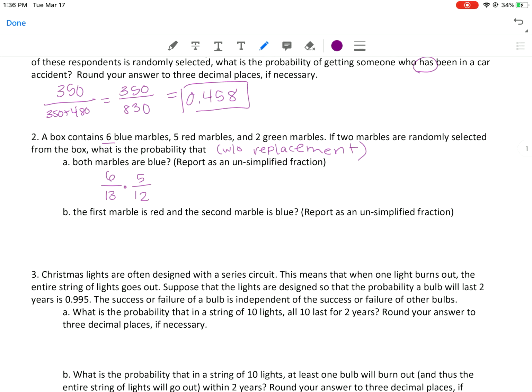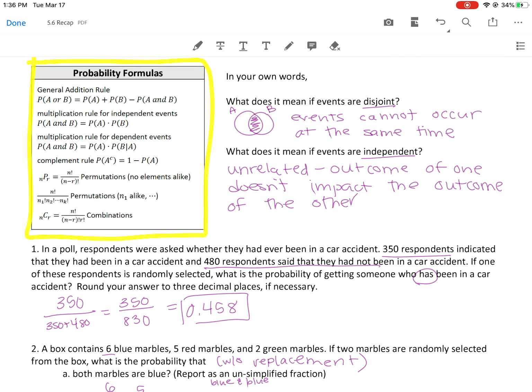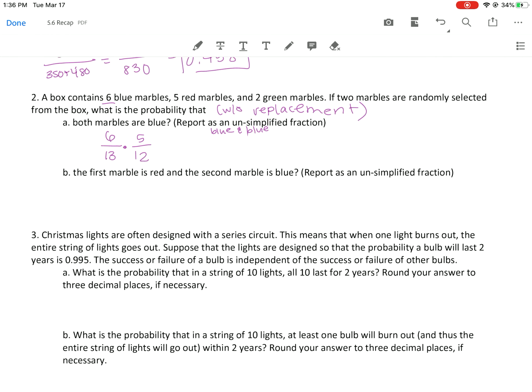Think about this as being blue and blue. So as you think about your rules up here, the fact that we are doing "and," notice that it tells us up here that we're multiplying. Okay, so as we multiply those 2, if you like it as a fraction, it simplifies to 5 over 26, which is equal to 0.192.